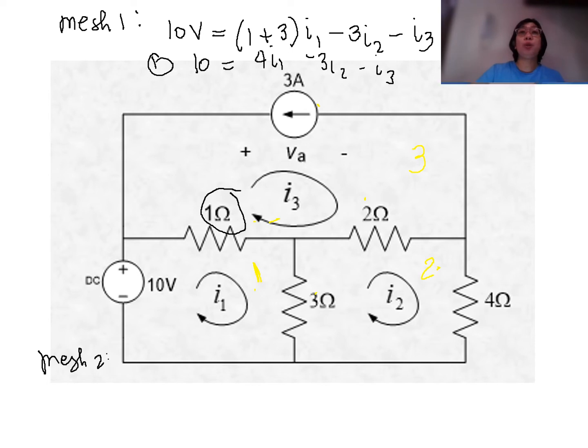So how are we going to solve for this? If we follow this mesh here, we don't have any voltage nor current sources. Therefore, for our constant, we will just write 0 here. And then, what are those resistances that are connected to I2? All of those will be treated as positive.